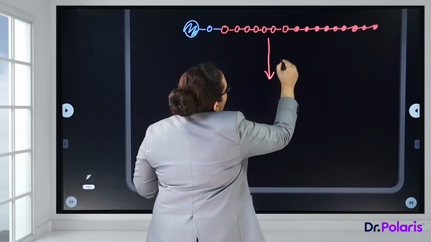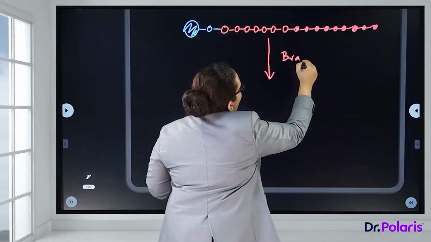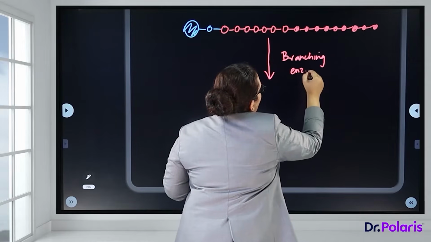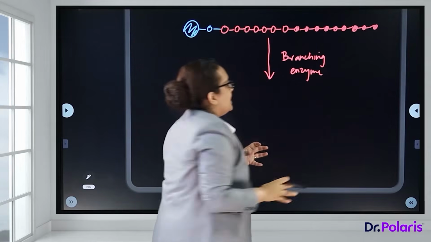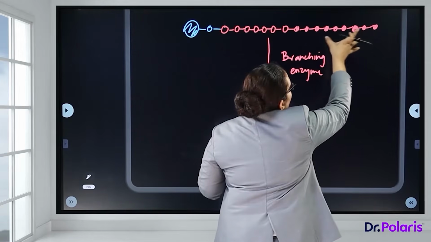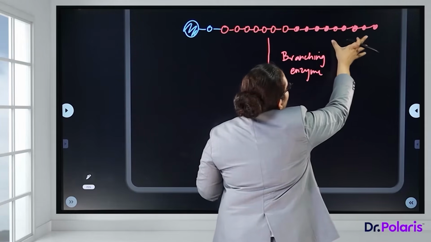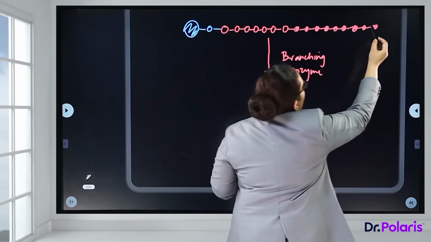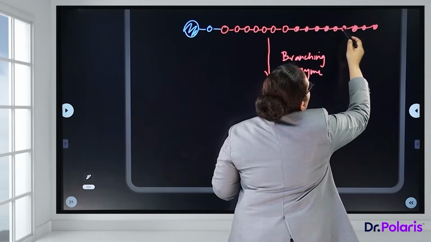So what does this branching enzyme do? The branching enzyme simply takes units around 6 to 8 glucose unit from one end and shifts it to a branch point. Let's see. Now say for example 6 units are taken from here. 1, 2, 3, 4, 5, 6.